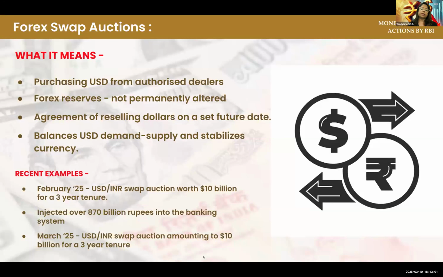This helps in mitigating the USD INR exchange rate volatility, keeping the interest rate stable. Example, on Feb 28-25, the RBI conducted a USD INR buy-sell swap auction worth USD 10 billion for a 3-year tenure, aiming to inject over 870 billion INR into the banking system.